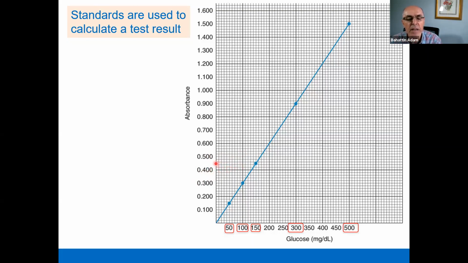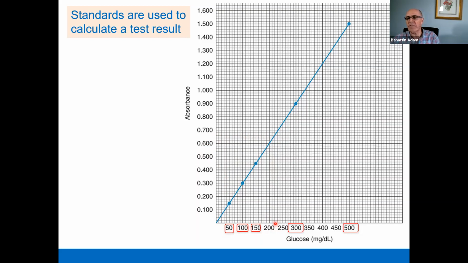Let's see, here is the 0.45, and then the level of glucose in the patient sample will be 150 milligrams per deciliter. If you get an absorbance of 0.65, then you come here and then come down, and it is about 220 milligrams per deciliter.